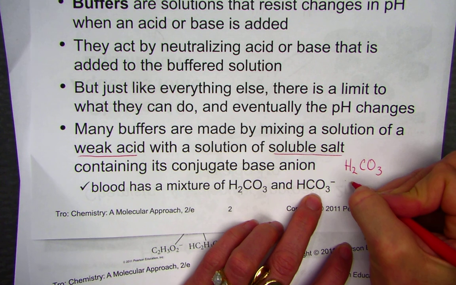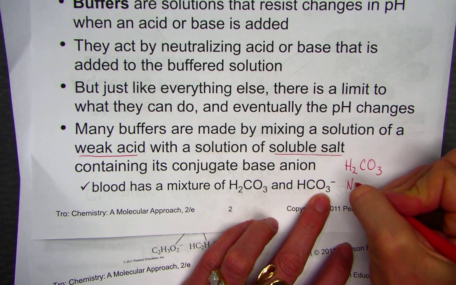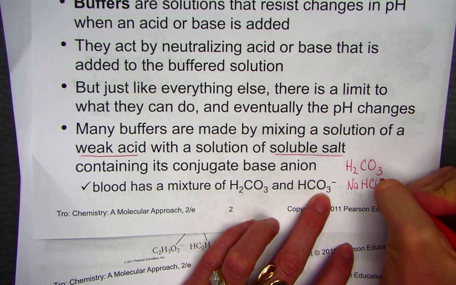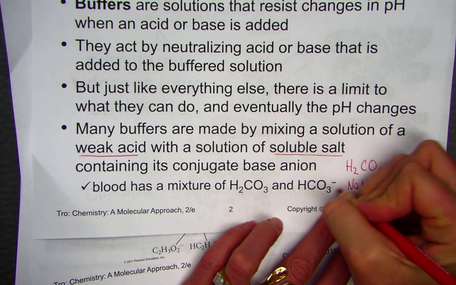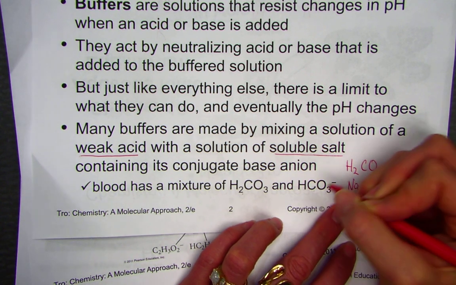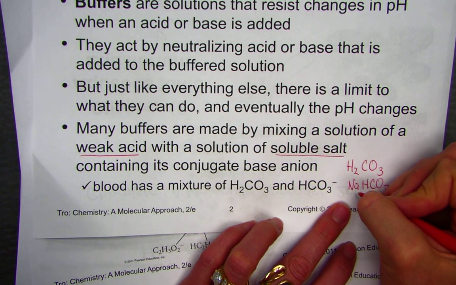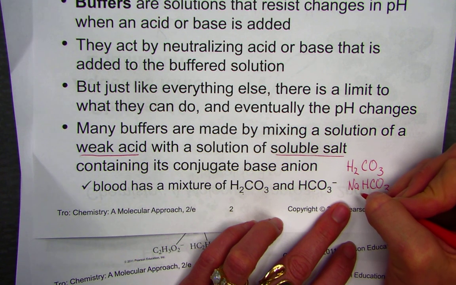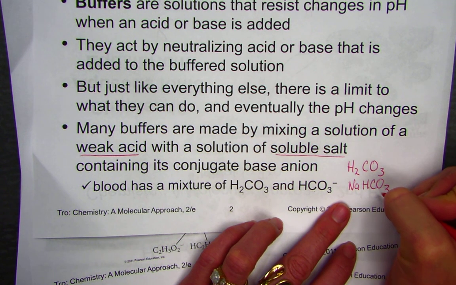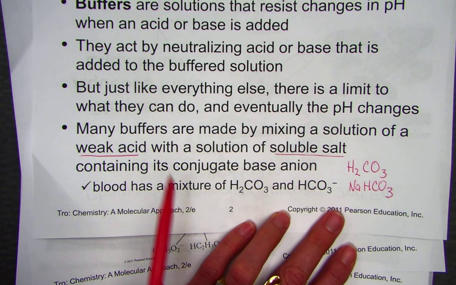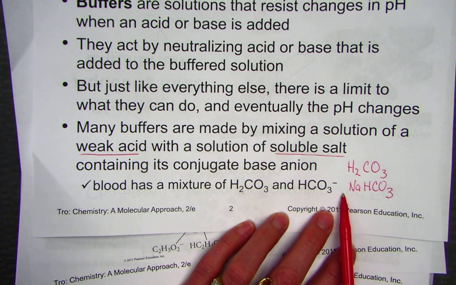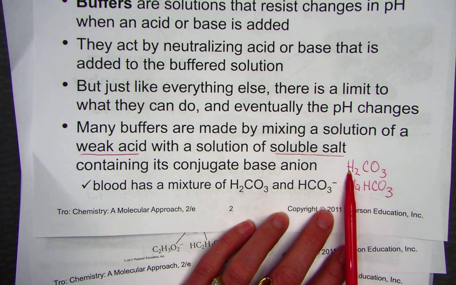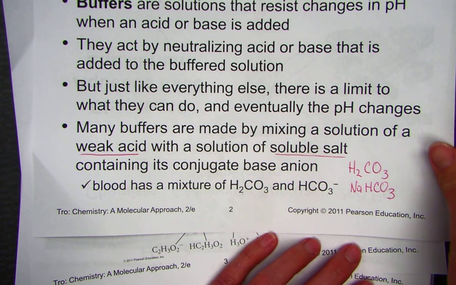A salt that contains the same last name could be something like sodium hydrogen carbonate. We commonly call that baking soda. So this negative ion does have to have a first name. I just picked sodium, perhaps potassium, lithium, any first family metal. Sodium bicarbonate is most commonly called baking soda and used readily every day. So a buffered solution is made by taking a weak acid and a solution of its soluble salt. An acid with its salt creates a buffered solution.